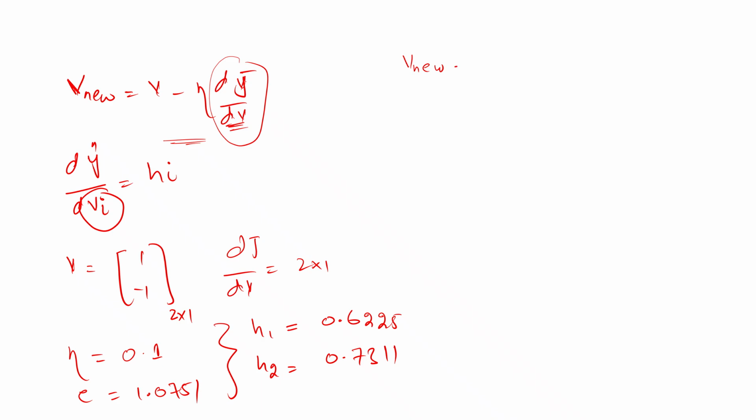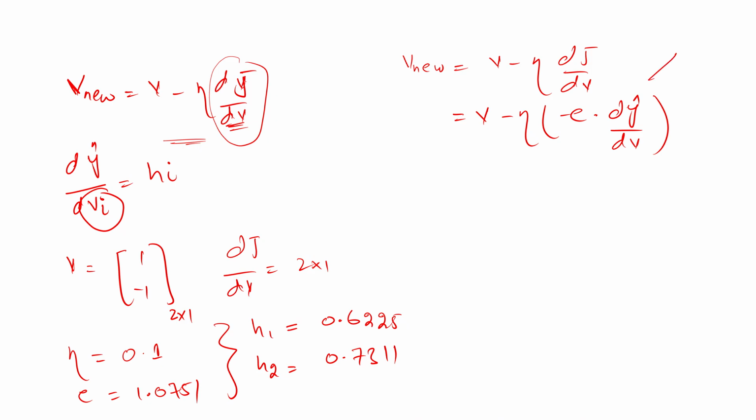So v new is equal to v minus eta dJ by dv. So this is actually v minus eta times minus e times dy hat by dv. This dy hat by dv is actually a vector of h1 and h2.